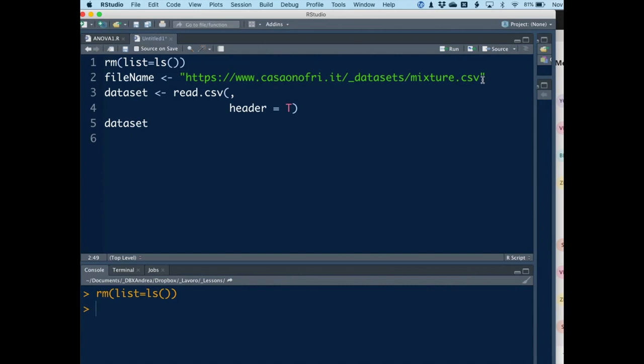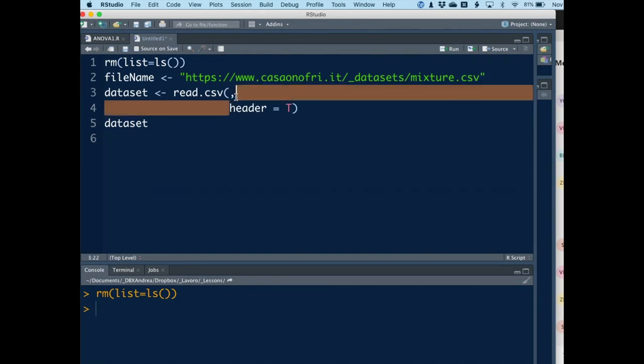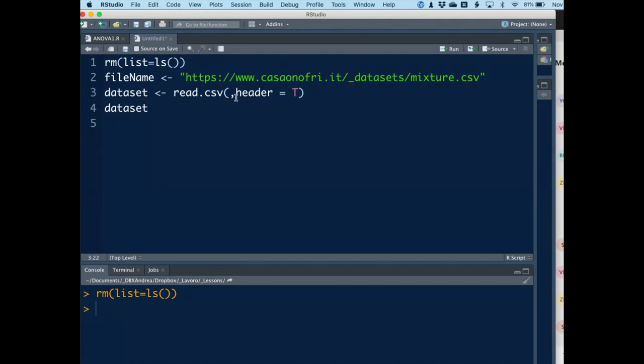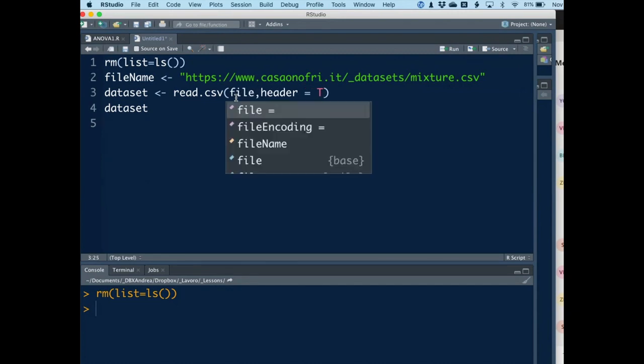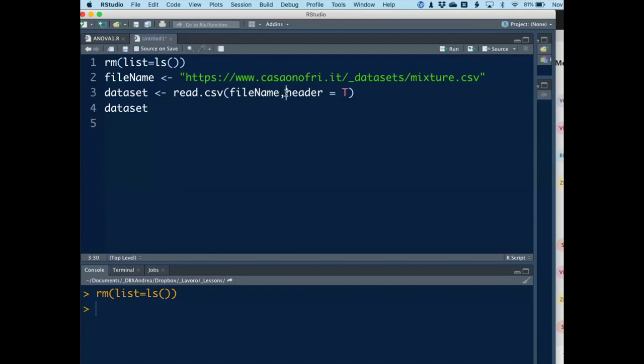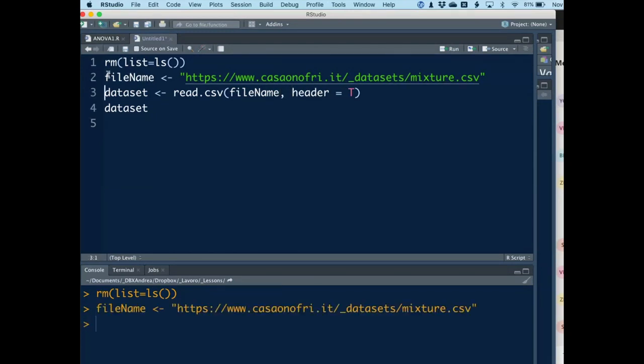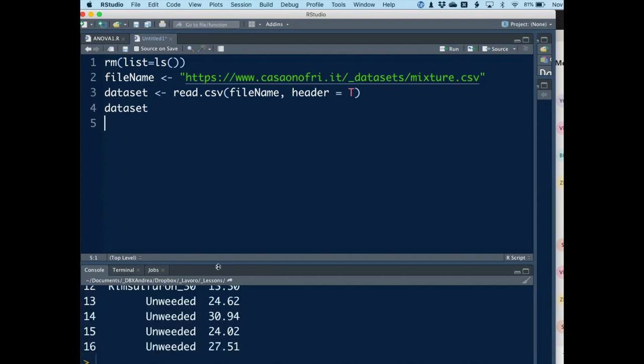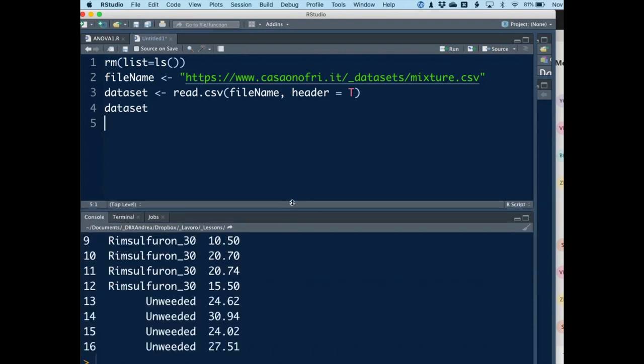So that's the name of the file we used yesterday. Then I can load the file by using the read_csv function, passing through the file name. So 1, 2, 3, and we see the data set here.